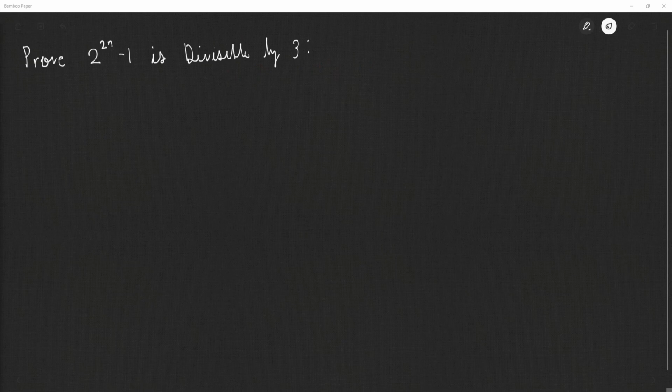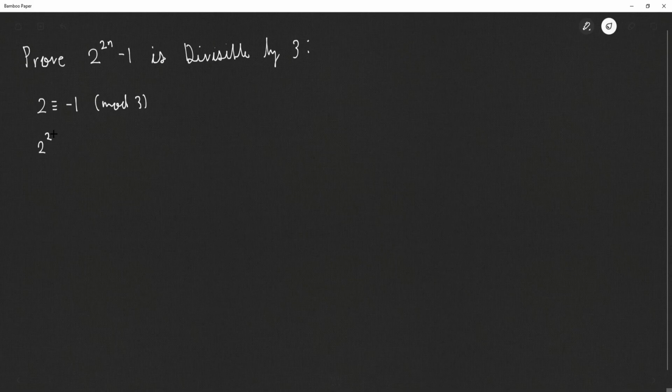So now we're going to prove that 2 to the power of 2n minus 1 is divisible by 3. This one is going to be short and sweet using modular arithmetic. We're going to start off with an observation that 2 is congruent to -1 mod 3. So now what we need to do is raise both sides to the power of 2n.